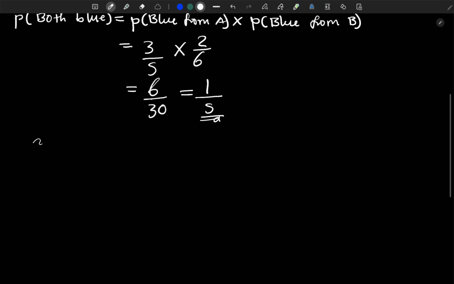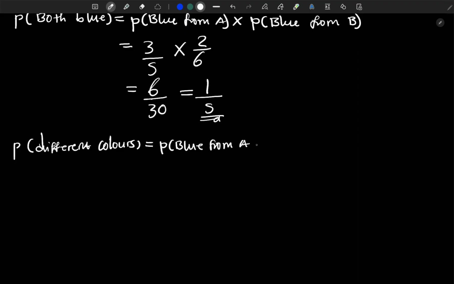We are going to say probability of different colors is equal to the probability of blue from A and green from B, so you just interchange, then plus the probability of green from A. As you can see, the first one is blue from A and green from B, after addition it will be green from A and blue from B.